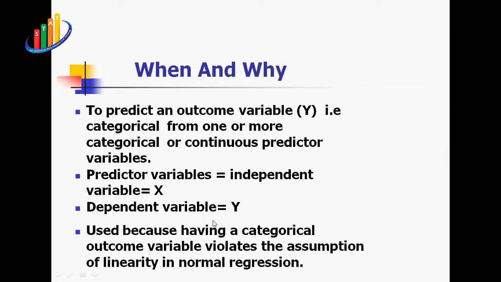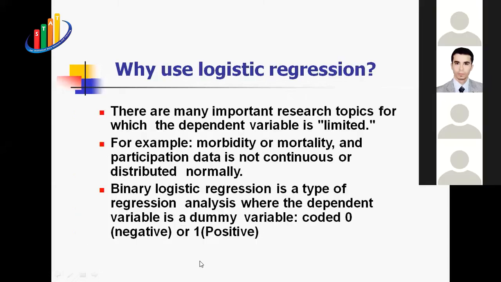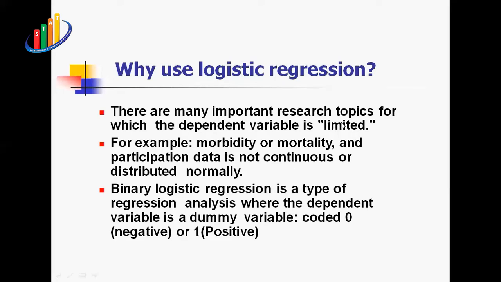Binary logistic regression is used when the categorical outcome variable violates the assumption of linearity in normal regression. There are many important research topics for which the dependent variable is limited. The term limited means that the data is not normal and it is not normally distributed.